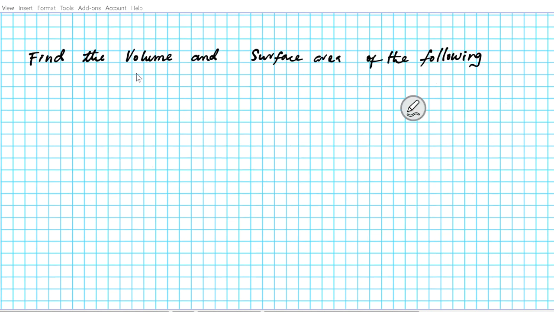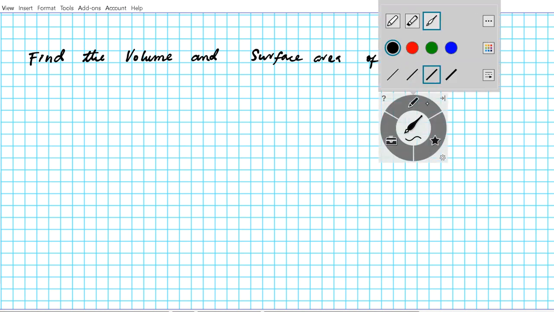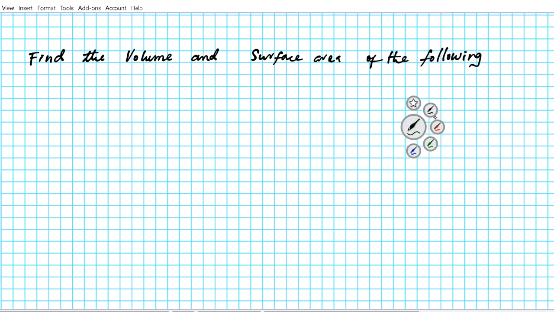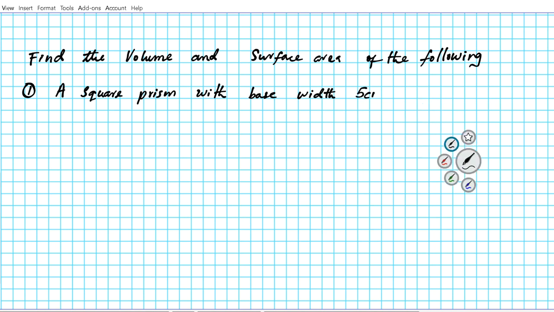Alright, so our task is to find the volume and surface areas of the given figures. So the first one we have, number 1, a square prism with base width of 5 centimeters and height of 10 centimeters.